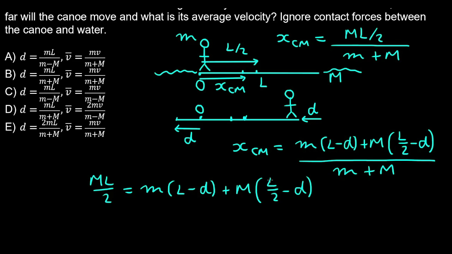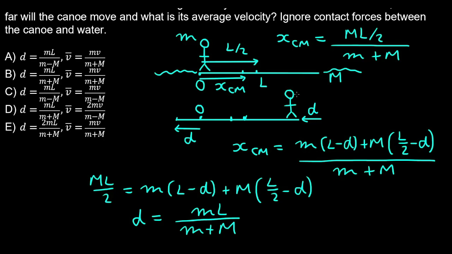So we can cancel out mL on 2 and solve for d, and therefore d is equal to mL on m plus m. So the correct answer is either B or D.